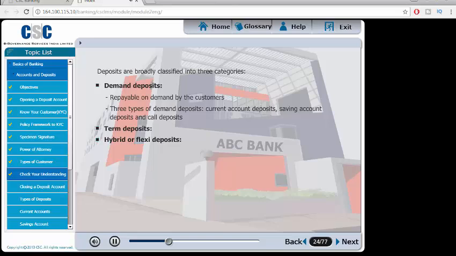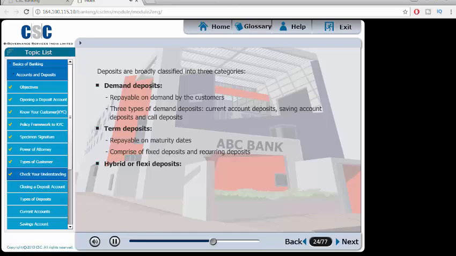There are 3 types of demand deposits: current account deposits, savings account deposits, and call deposits. Term deposits are deposits that are repayable on maturity dates as agreed between the customers and the banker. These deposits comprise fixed deposits and recurring deposits.